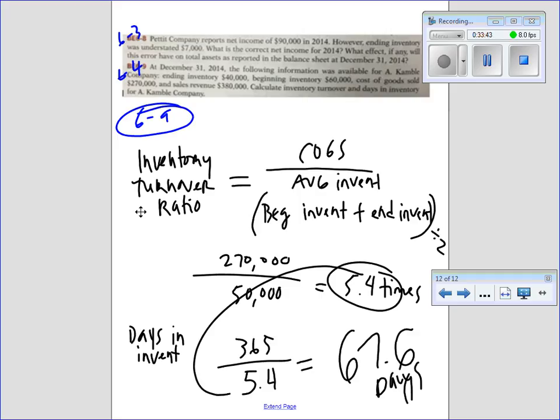Now, let's analyze this a little bit, even though they don't tell us to. If I'm the accountant and I give the management or the boss these numbers, I sit down and say, we've got to do better. How are we going to get this up? How are we going to liquidate inventory more often? What do you think? Look at some of the numbers.